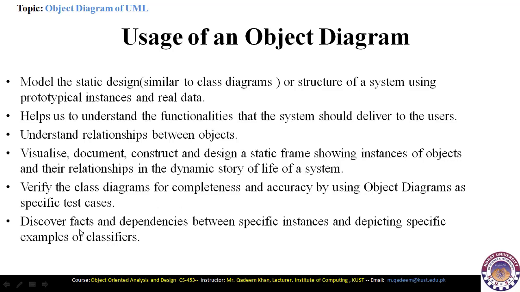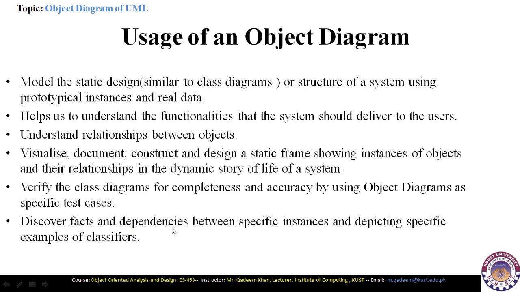Also, it describes the facts and dependencies between specific instances and specific examples of the classifiers. If one object depends on another object, it gives us a good view of the dependency as well. The dependency is provided through the uses stereotype in the UML object diagram.